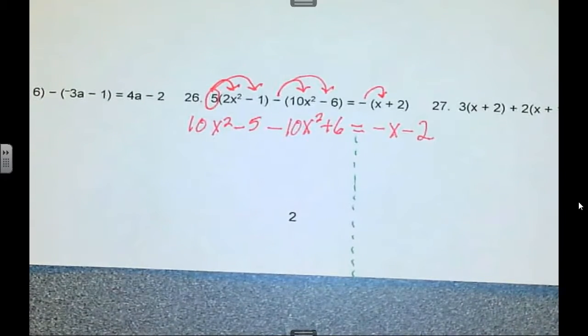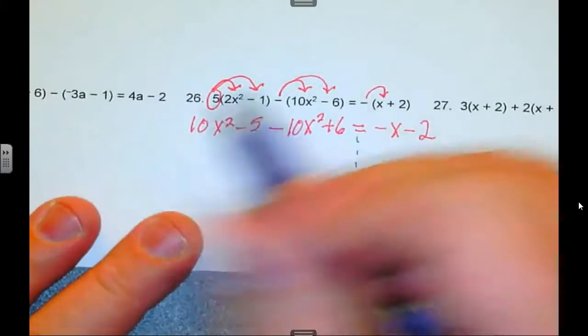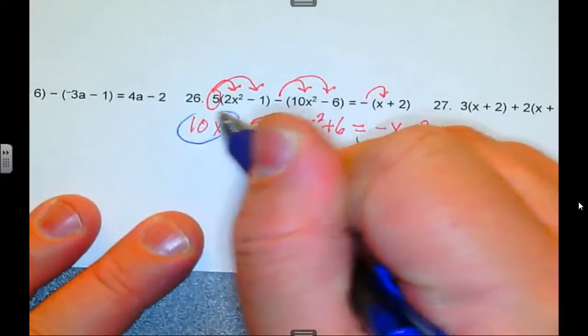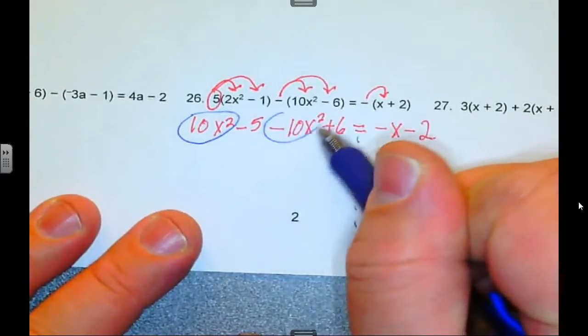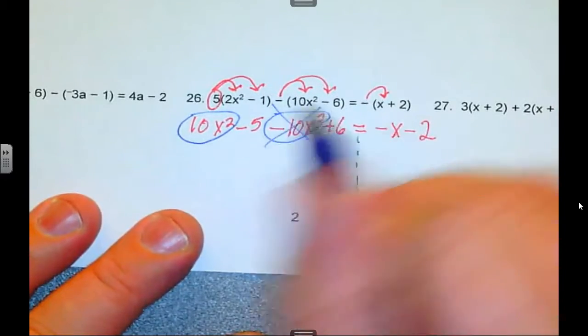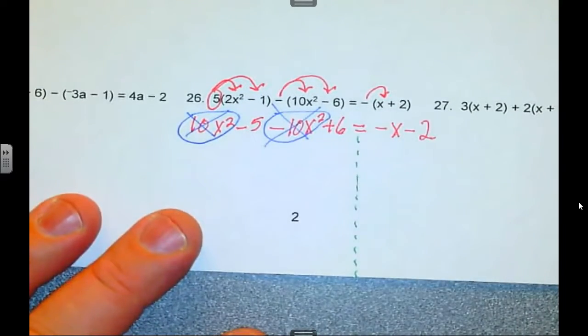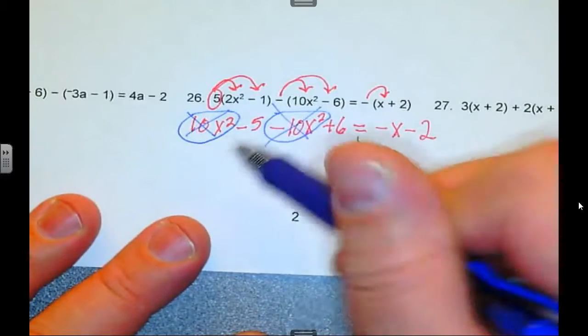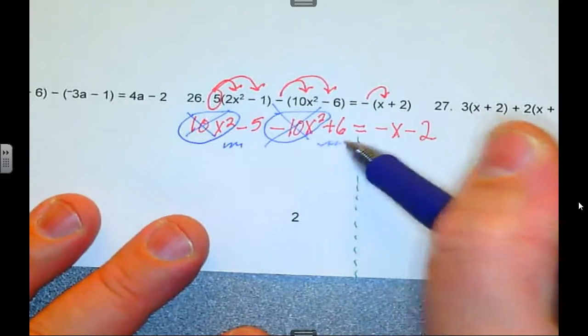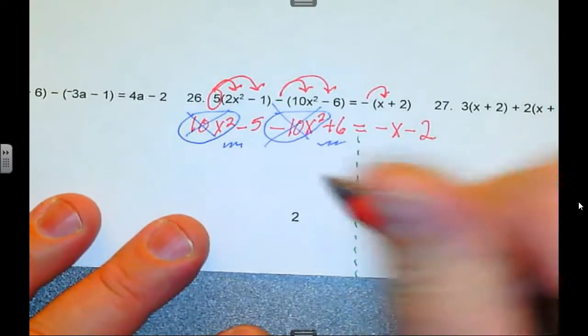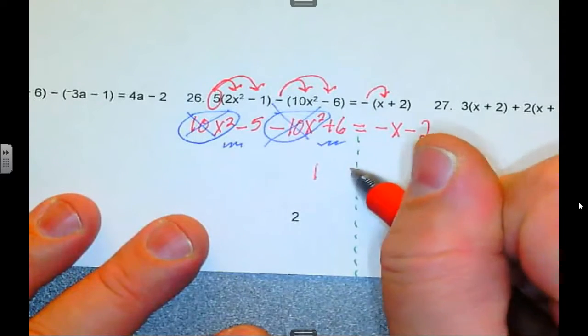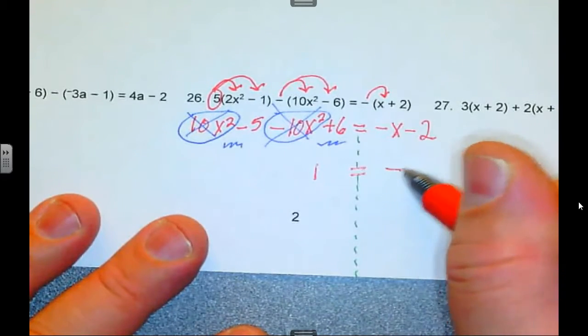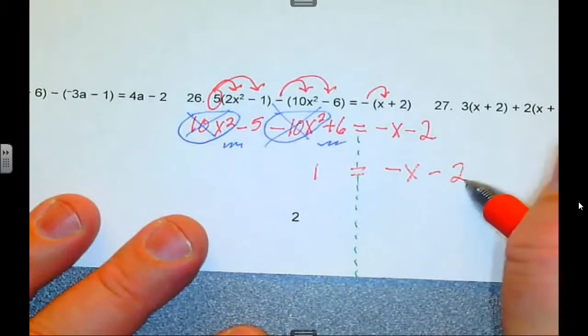If you have the same terms on the same side of the equal sign, combine like terms. Because these cancel out. Good. What's minus 5 plus 6? Here's my equal sign. Negative x minus 2.